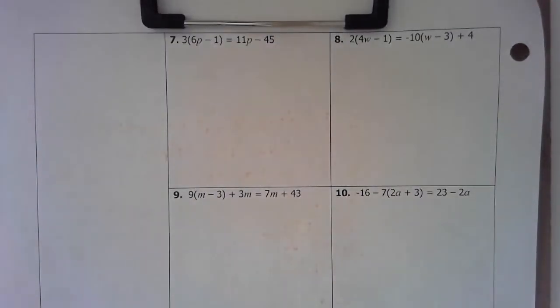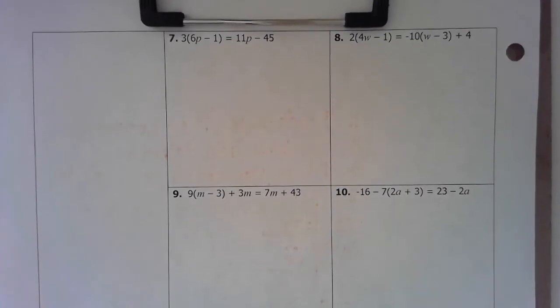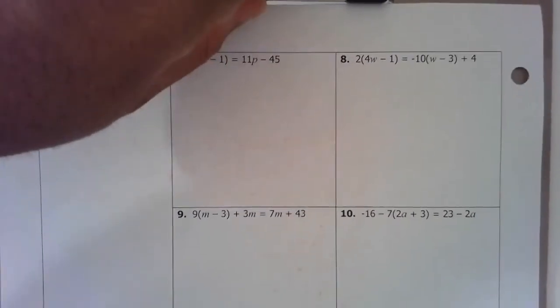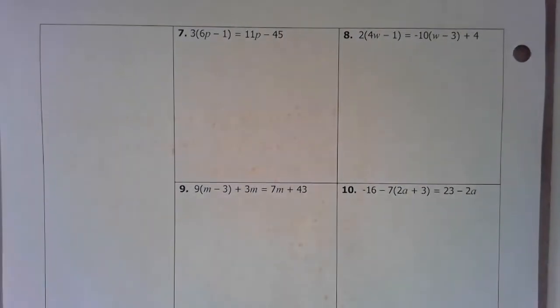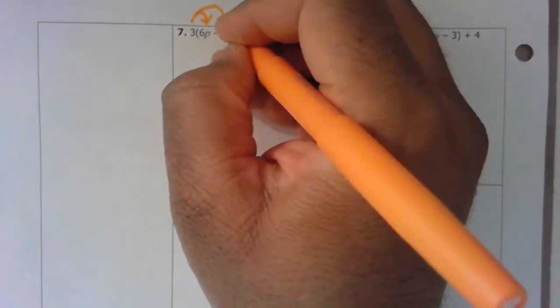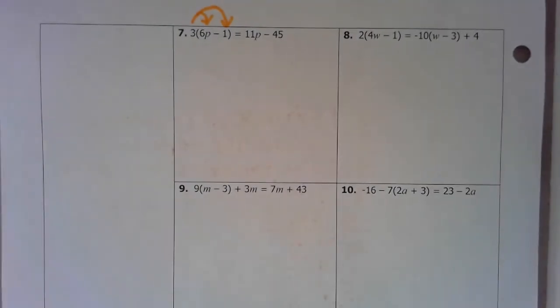And so if I take a look at the example here, number 7, this is one where we finally have to do a little distribution here. So let me just move this out of the way. So when we distribute, we're going to take that number on the outside of the parentheses. We draw our arrows to remind us that we're going to have to multiply a couple of times here.